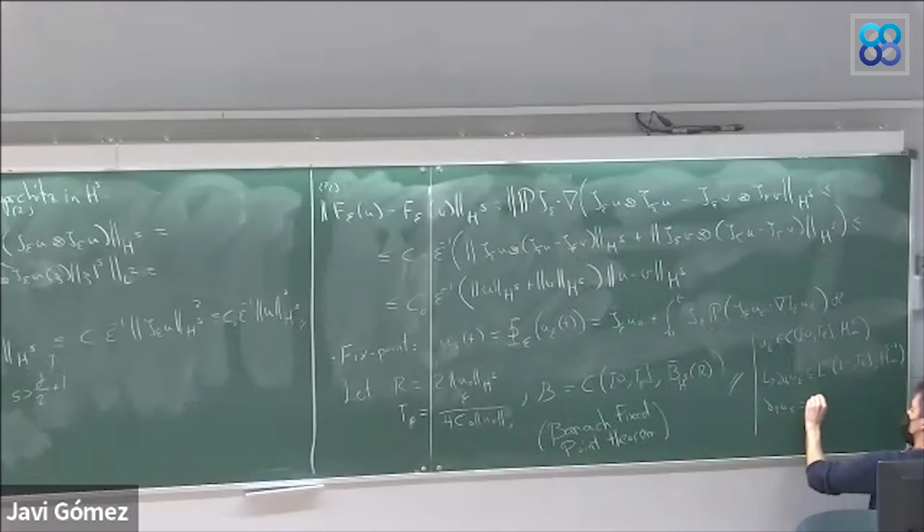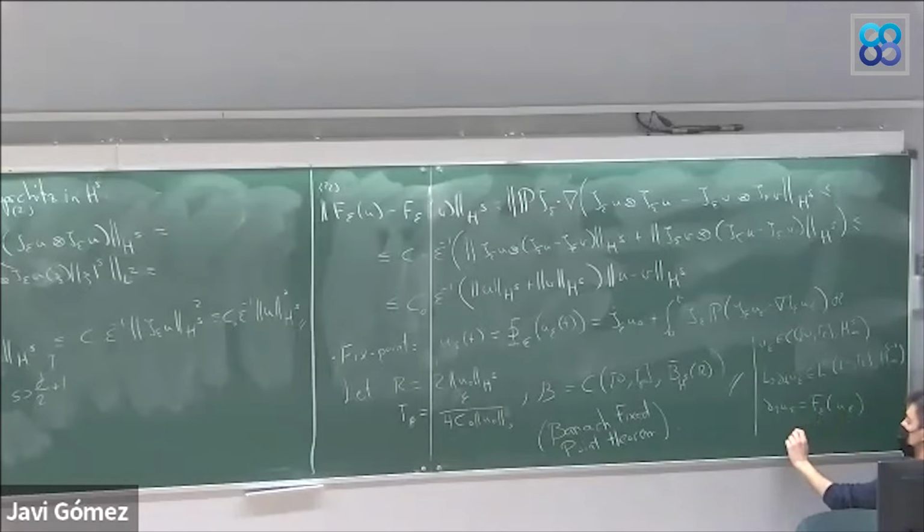Because the time derivative, can you see here? Yes, it is given by this f, and this f has a derivative, so it loses one derivative.